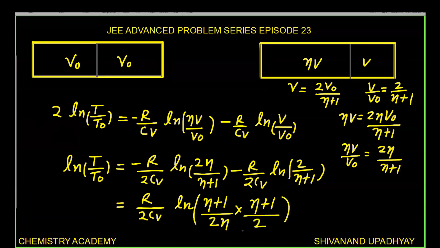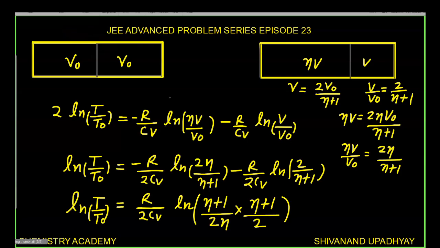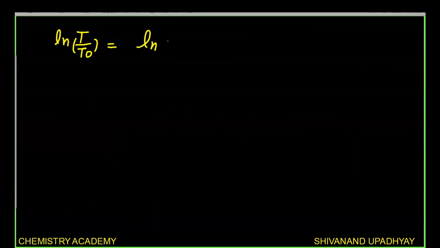So if I simplify this, I can further write what the final temperature is. So T upon T naught, if I take the anti-log and put this on the power, I can finally write that ln T upon T naught is equal to ln, you can check here that this becomes eta plus 1 whole square.